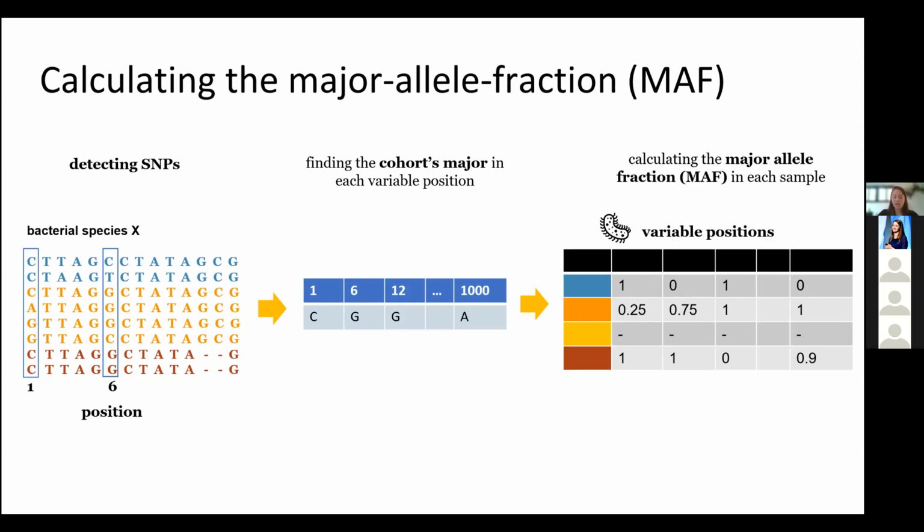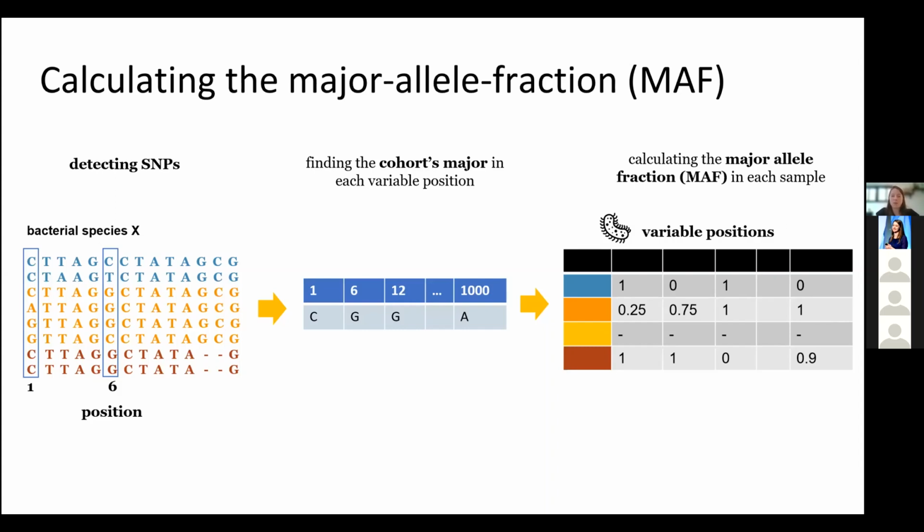The genotype of each bacterial position in each sample is a fraction between 0 and 1 that quantifies the fraction of the major allele out of all the reads that we found that align to this bacterial position. So in human genetics, when we look at one SNP and one participant, this participant may have one copy of the major allele, two copies of the major allele, or no copy of the major allele.